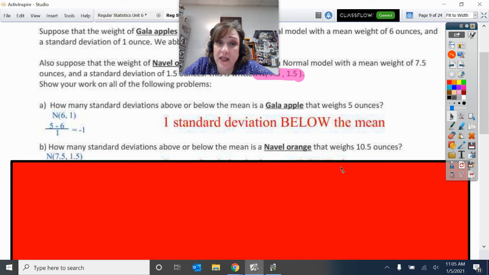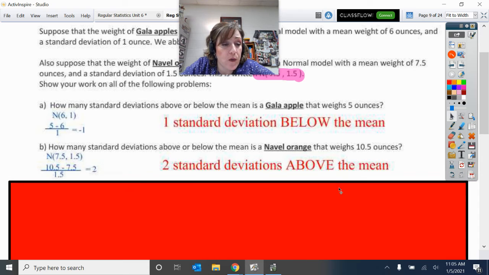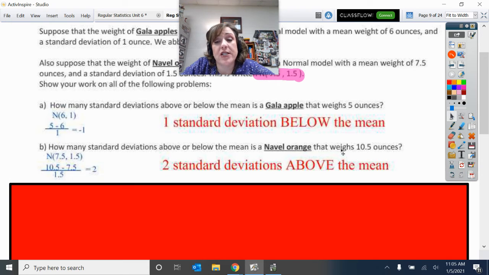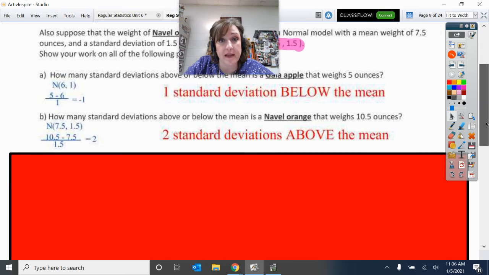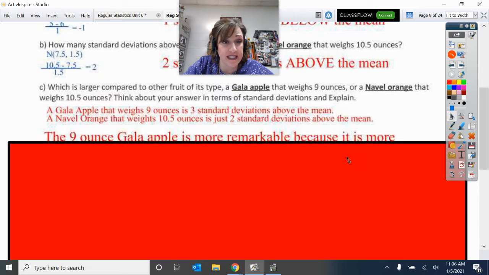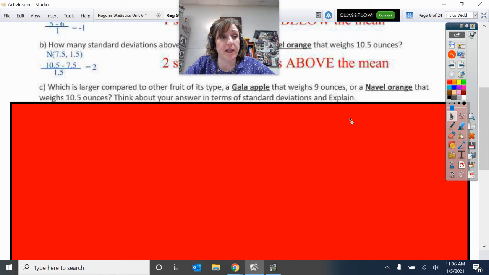And then we do the same thing with the navel oranges. How far away is a navel orange that weighs 10.5? Well, 10.5 is a total of 3 away from the mean. But the distance of 3 divided by 1.5 is 2 standard deviations. So this is 2 standard deviations above the mean. And you can kind of see that down here when we drew out the picture.